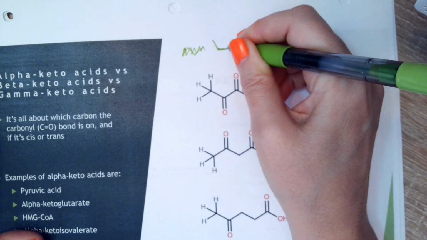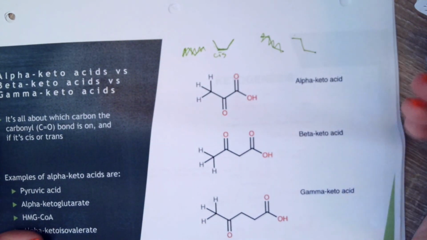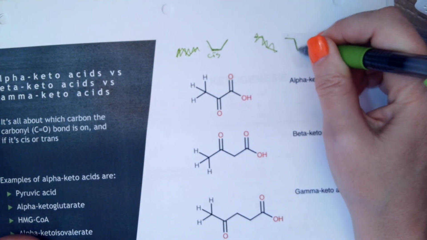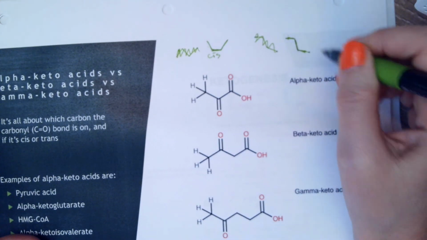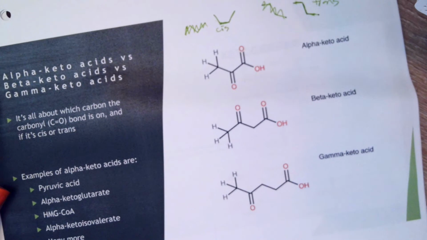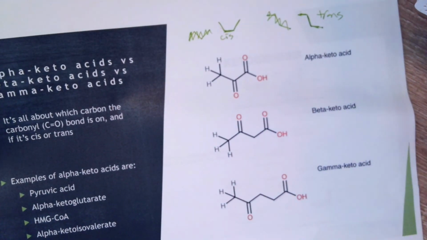Here our constituent parts are on the same side, so that would be cis. Cis means same. Here is our main part of the molecule, and here we have our constituent parts on opposite sides. So that would be trans, like across from each other. So that's what we're looking at here, whether it's cis or trans.